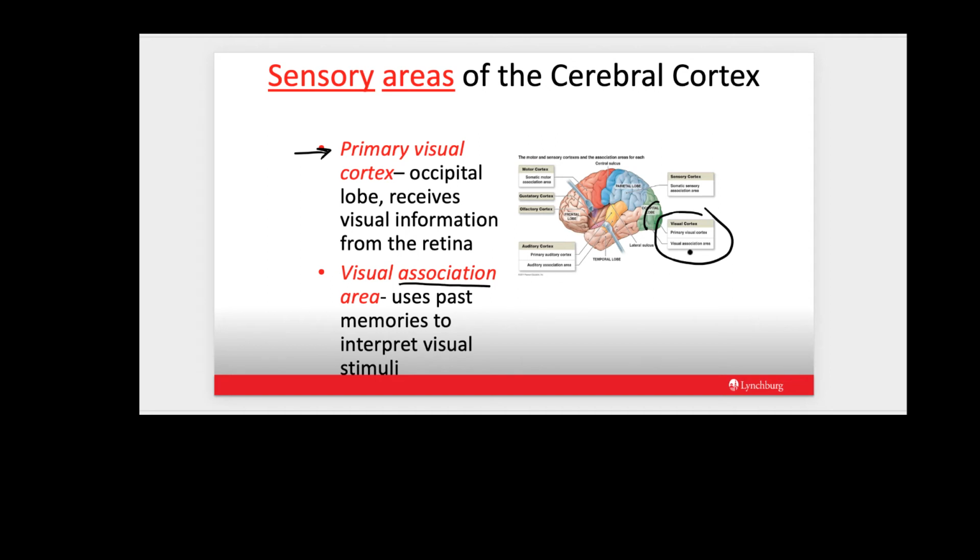Again, this is an association area using memories of past visual input to integrate our current visual input. That's a special use of an association area. Visual association area is also located in the occipital lobe.